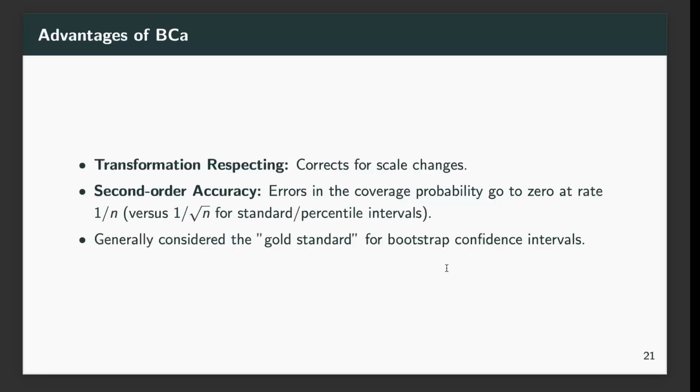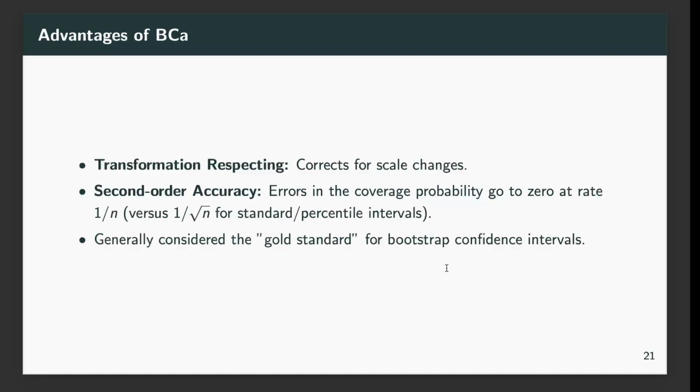This is the main advantage. We know that first order accurate methods like the standard normal and the percentile interval have a coverage error of order 1 over square root of n. The BCA interval is second order accurate, which means that the coverage error is of order 1 over n, so it goes to 0 much faster as the sample size grows.